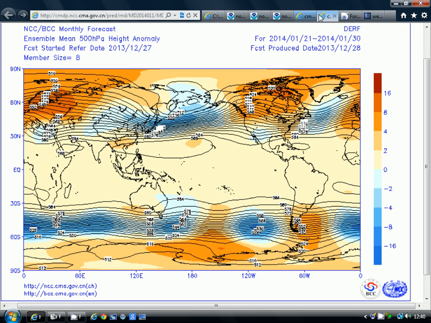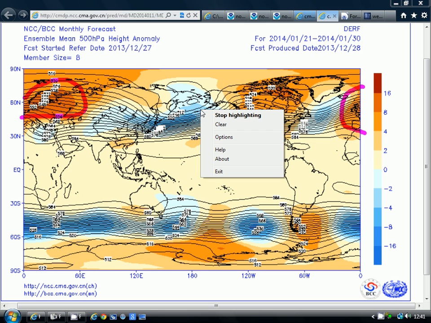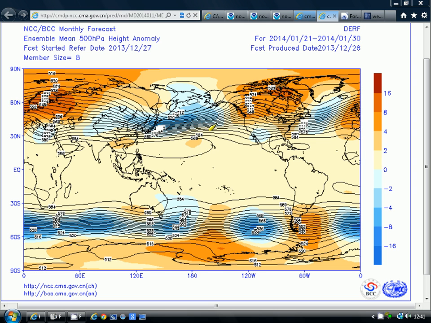A little bit different as we go through to the final 10 days, the 21st to the 30th of January. Then we start getting this area of above average heights developing around the country, that orange area. And that extends in, if we go over this side of the chart, I think, from Scandinavia. So there is the indication there from the Beijing Climate Centre that the final 10 days could see an area of high pressure building over Scandinavia and turning it a good deal drier, possibly also a lot colder as well.